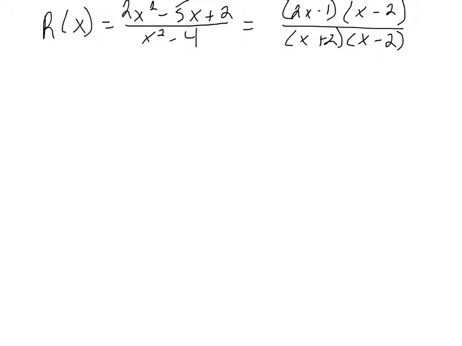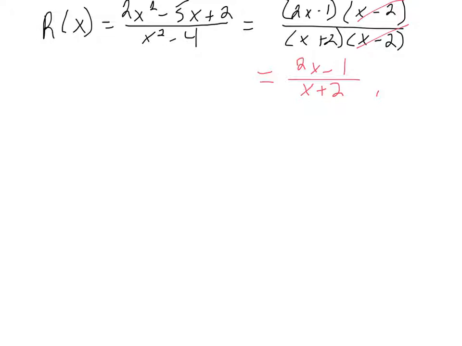Anytime we have a factor that occurs on top and on bottom, we just cancel it. But remember that it's undefined right there, and the reason for that is we have what we call a point discontinuity. It's undefined just at this particular point, but it doesn't create an asymptote, and it's not an x-intercept. So if we cancel those, the function we want to look at to figure out the x-intercepts and the asymptotes is 2x minus 1 over x plus 2.